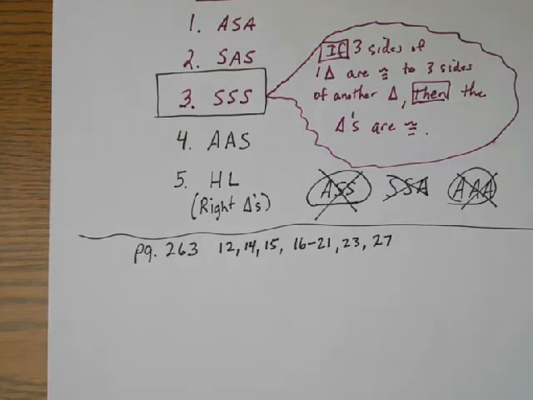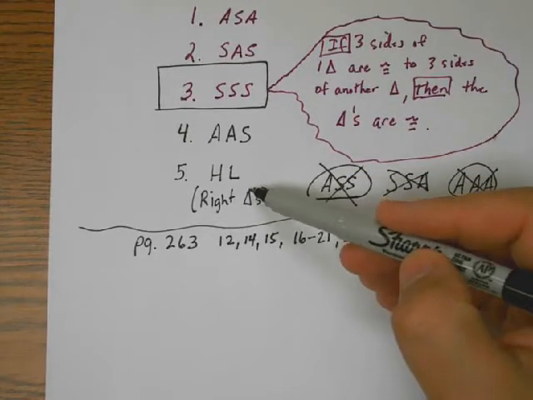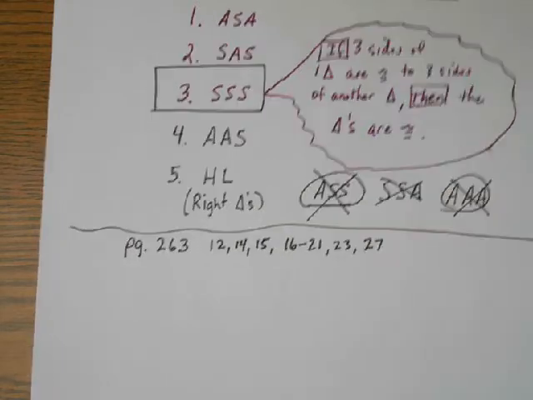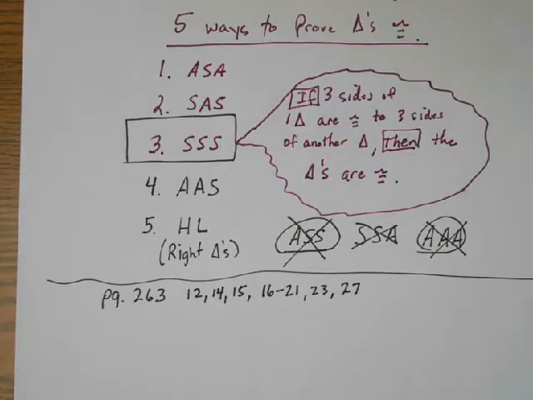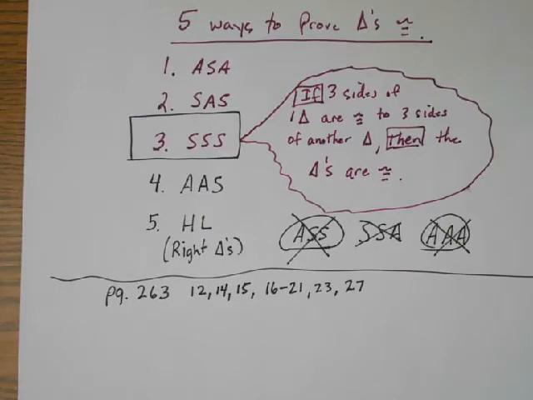Just so you all are aware, today we're doing this one. Tomorrow we're doing AAS. Monday we're doing HL. Tuesday we're reviewing. And when we come back from Thanksgiving for virtual class in geometry, we're taking a quiz over these 5 days, virtually, like we did before.